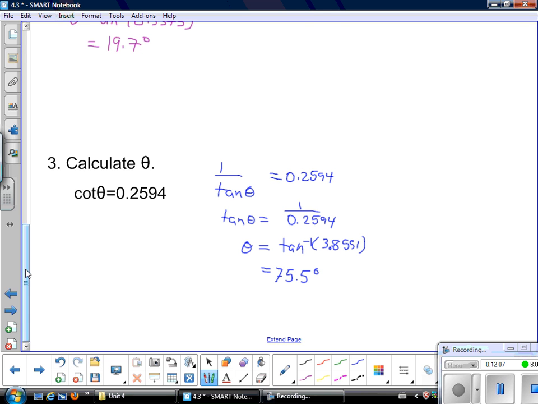this isn't necessarily hard. The hardest thing is to remember what secondary trig ratio goes with the primary one, and understanding that it's the reciprocal. Now, some people prefer to write right away tan theta equals 1 over the ratio, and that works as well.